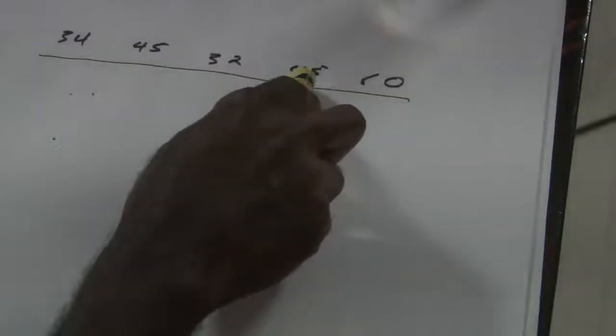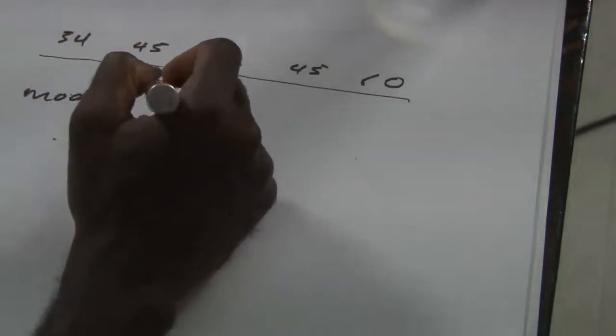In our case, obviously, we don't have one that appears frequently, but if we take an example of 34, 45, 32, and then maybe 45 and 60, then when we look at this set of data points, we realize that all the other points appear once except 45, which appears twice, more than the others, and therefore the mode in this case is 45. So if you follow these definitions, then you should be okay.